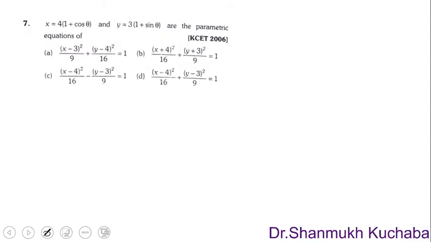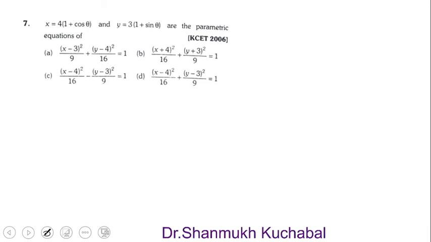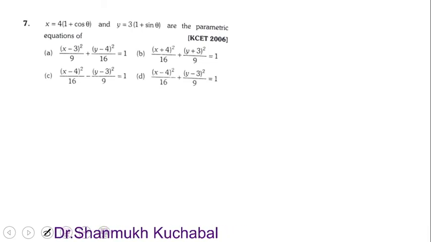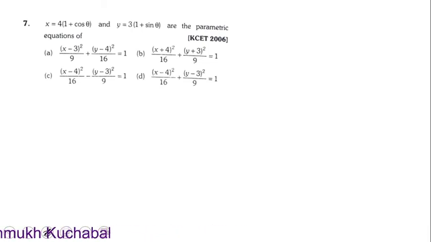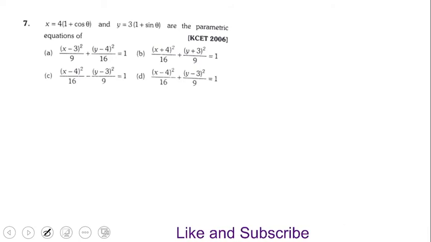Okay, x value they have given in a parametric form. Dear students, if it is x and y, so in between there is a theta. So theta means it is a parameter, like another variable t or theta. In this example theta is there. So for that we have to write the equation in terms of x and y here.